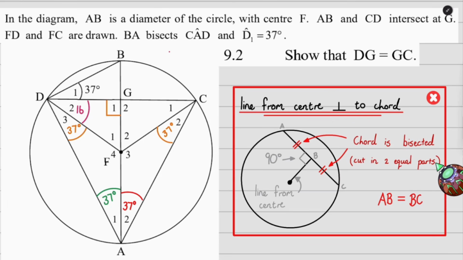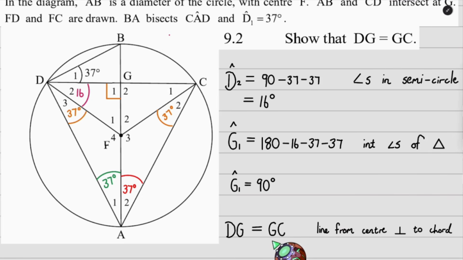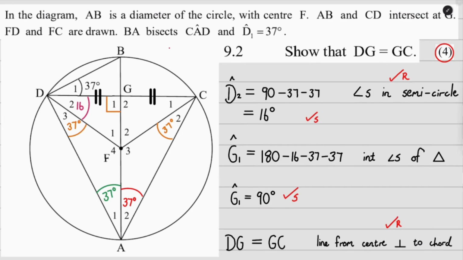It's cut in 2 equal parts. So DG equals GC for this reason. Line from center perpendicular to chord. And I simply just write up my conclusion like this. DG equals GC. Line from center perpendicular to chord. And then quickly having a look where your 4 marks come from. Reason over here, the statement for D2, the statement for G1, as well as the reason for your conclusion.